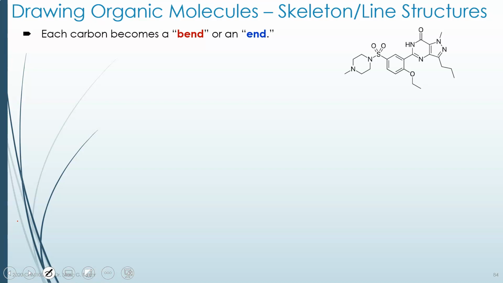So let's look at some of the rules for drawing a more complex organic molecule, the so-called skeleton or line structures. Remember, each bend and each end is a carbon. So here's a molecule here. This is actually Viagra. And every single bend you see that doesn't have a letter on it is assumed to be a carbon. I haven't put arrows next to every one of them. There's still plenty of others that are in bends. But there are also ends, you'll notice.